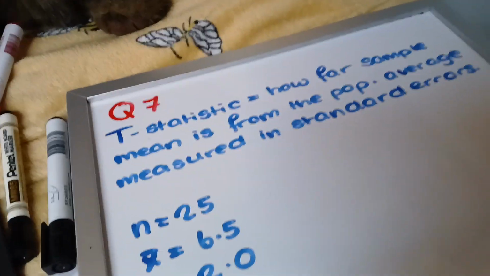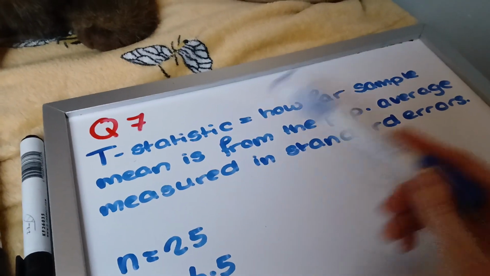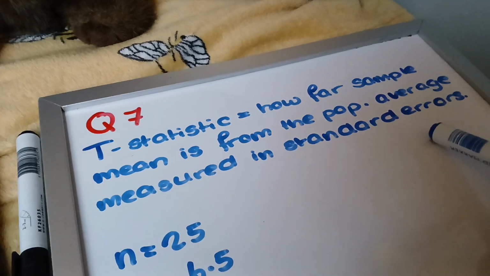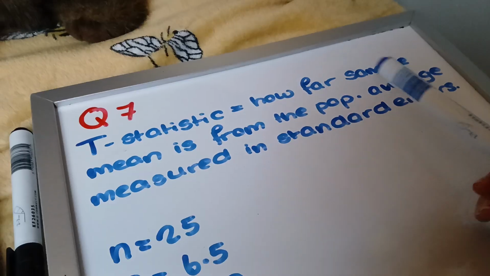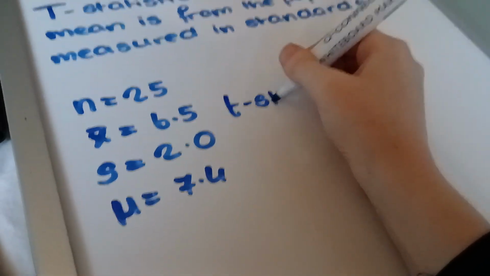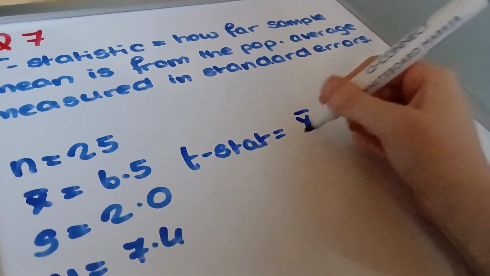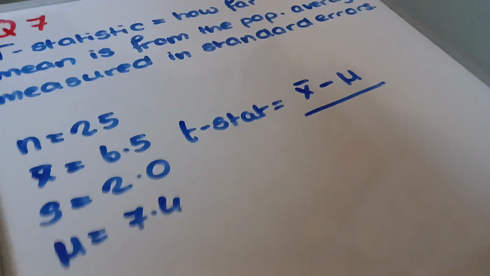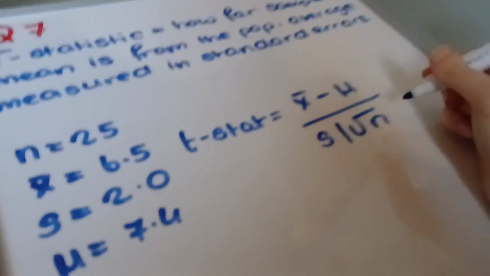So we need to find the difference between the sample average and the population average and then divide it by the standard error, because that's the unit of measurement. Therefore the formula for the test statistic is the sample average minus the population average, over the standard error, which is S divided by the square root of N.